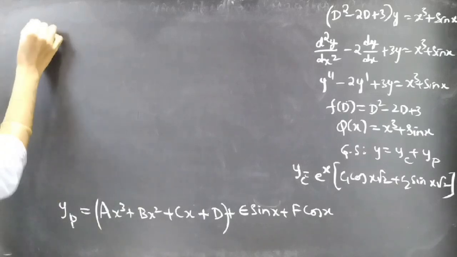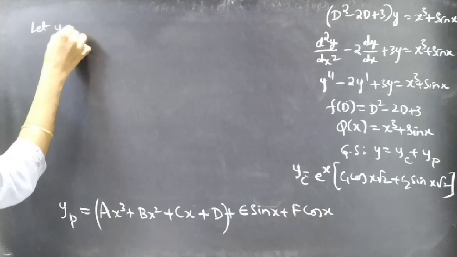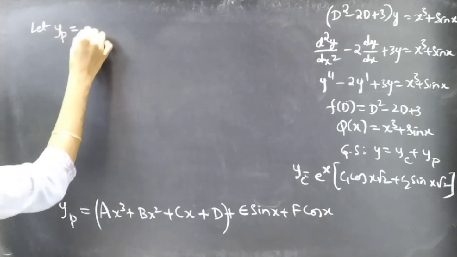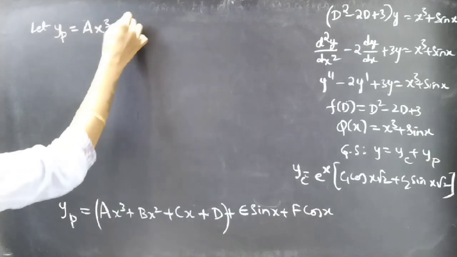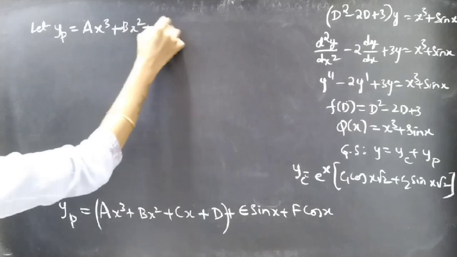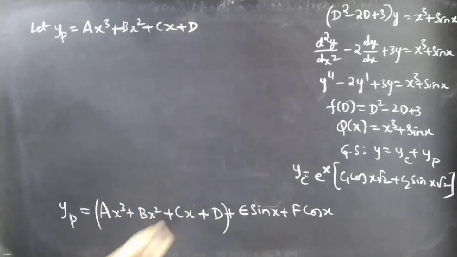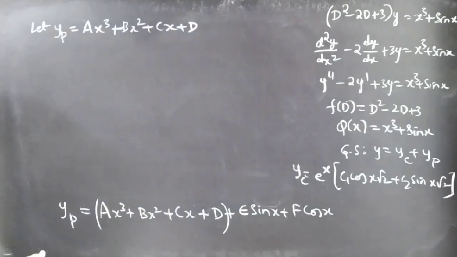Fine, now we let yp equal to ax cube plus bx square plus cx plus d. I can write it directly but it's hard to explain, so I'm trying my best to convey the proper way to find yp.